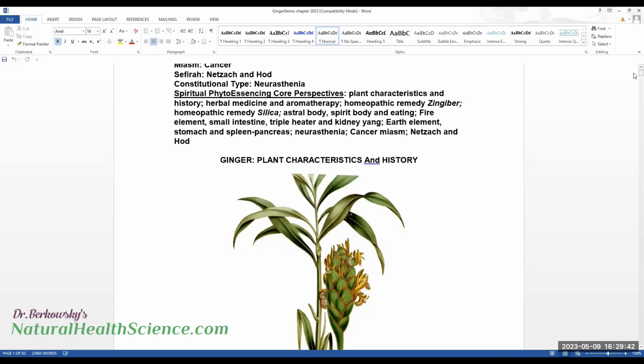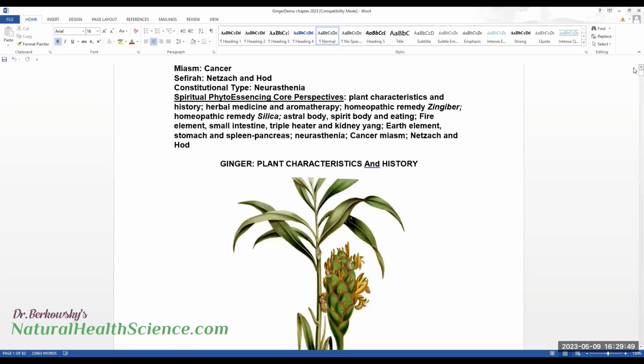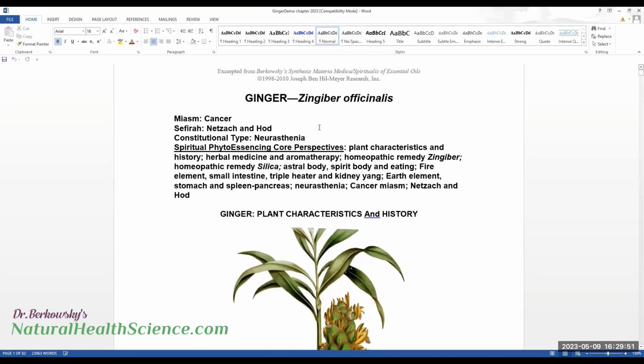One of the things you look at when you go into a chapter, and I'm going up there now, is this opening section. This is basically a summary of everything that's in the chapter. We see the miasm, which I will go into tonight. We see the vessels of the tree of life, which in Hebrew is sefirot. It means vessel, essentially. We see the constitutional type, which we will not be going into tonight.